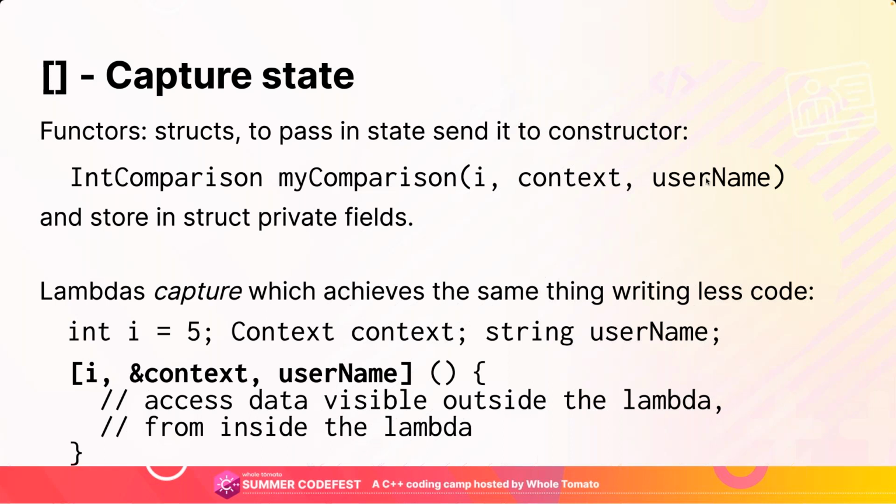You can write in the square brackets the data that you want your lambda to be able to access or to know about. This means that data that is visible outside the lambda is captured and is therefore accessible from inside the lambda, which achieves the same goal as initializing your functor struct with some state.